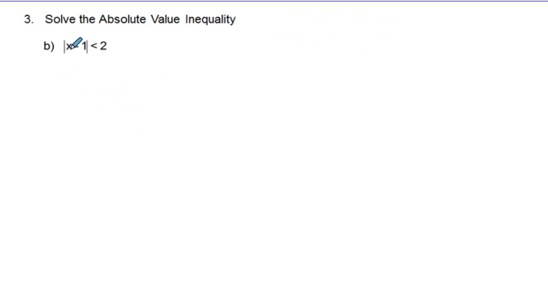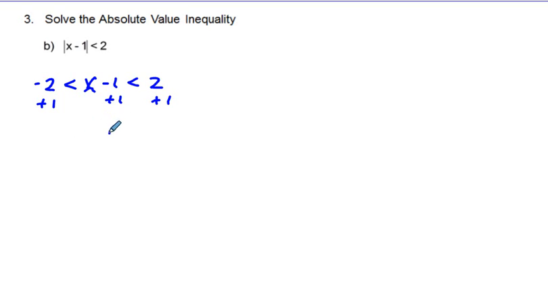Next one, we have absolute value of quantity x minus 1 is less than 2. So again, we have less than. So we take this, x minus 1 is going to be less than 2, but also greater than negative 2. And then to solve for x, we can add 1 to the middle, and we have to add 1 to all the other parts.